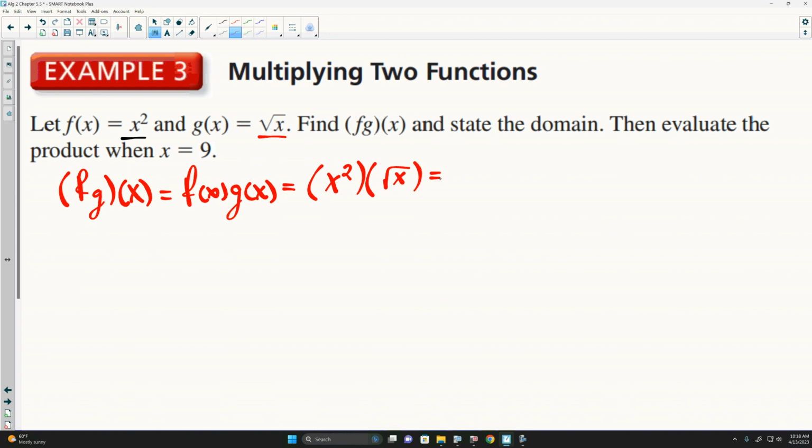And if we multiply these together, we get that. I mean, we could make them one single function, but to do that, we would just change the square root of x to x to the 1/2. When we multiply like bases, we can add the exponents, and we could go from there.